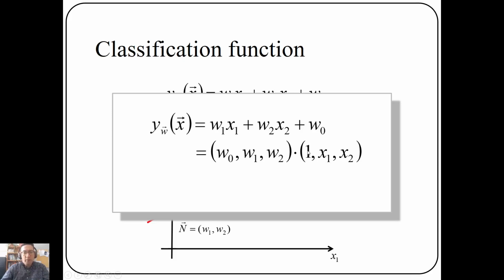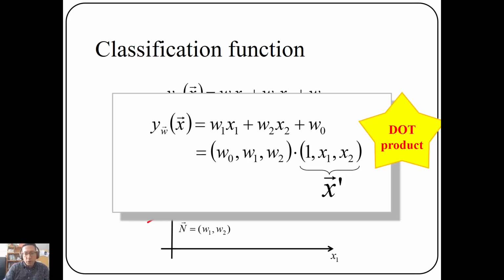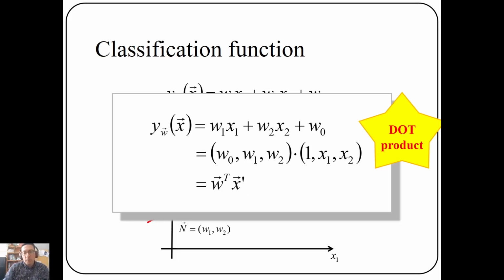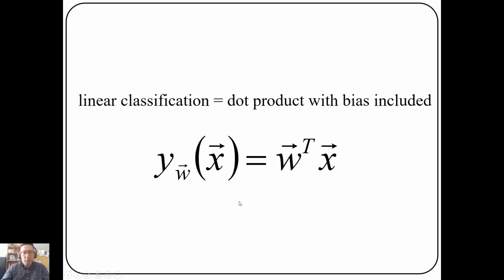So 1 is just to multiply the bias W0, but X1 and X2 are actual measures, actual data that was gathered from patients. And so this is the equation of a dot product, which also can be represented as the product between a horizontal vector and a vertical vector here. If you do the vector-to-vector multiplication, this is also a dot product.